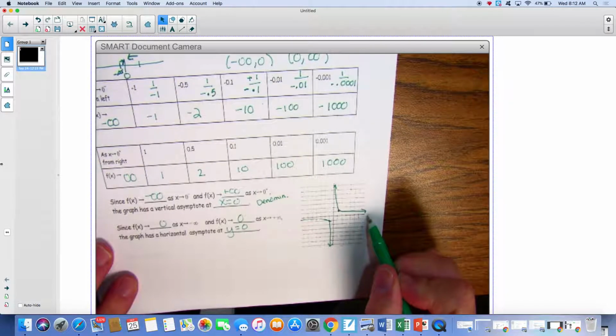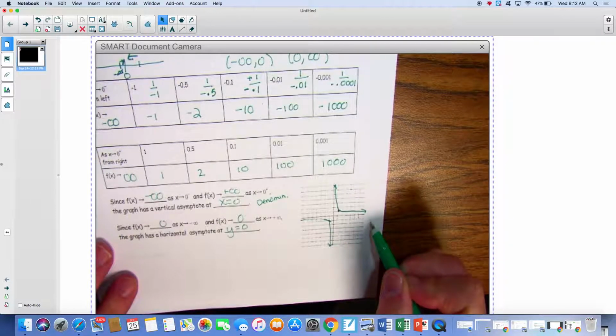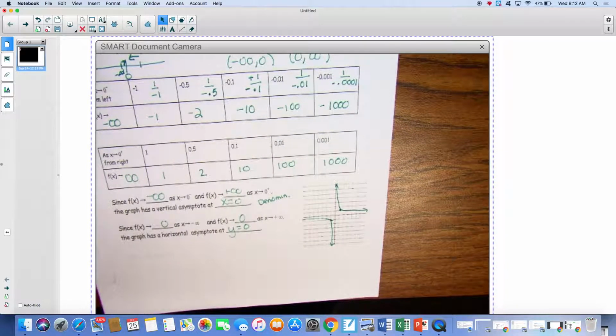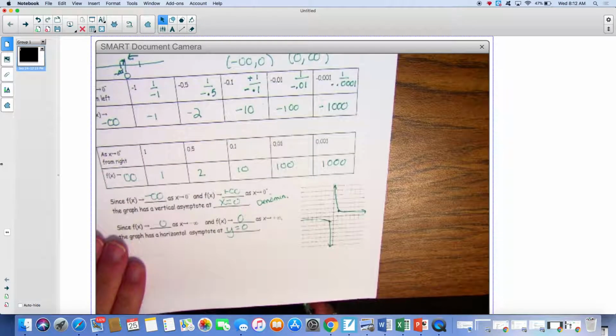If I make x 1 million, what's y going to be? It's going to be 1 over 1 million, which is really super small, but still not quite 0. And if I make it 1 trillion, it's even smaller, but still not yet 0. Okay, so on 1 over x, we have a vertical and a horizontal asymptote. And we're going to look at the rules for those. And this is kind of where it comes from.